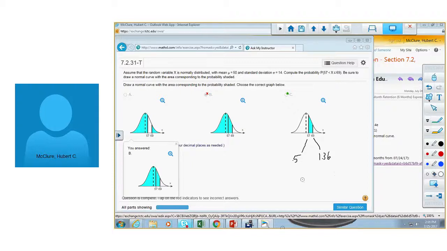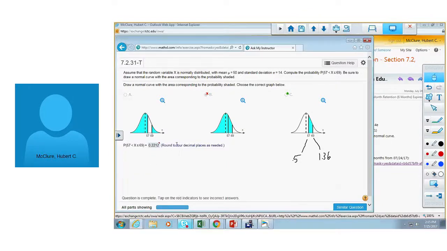All right, somebody give me the area between 0.5 and 1.36. 0.2212. That's your answer.